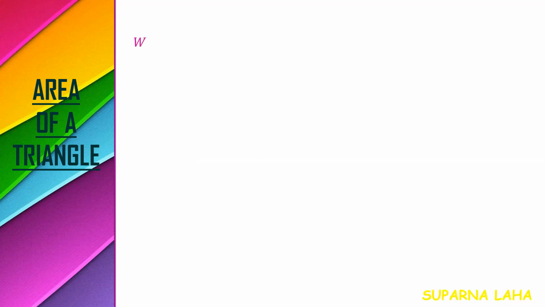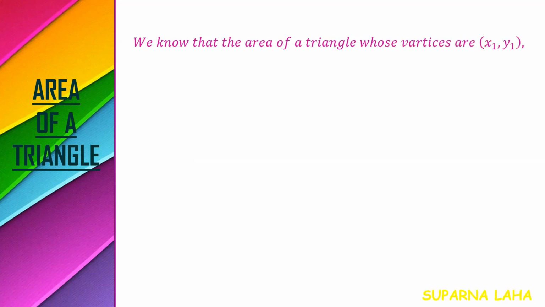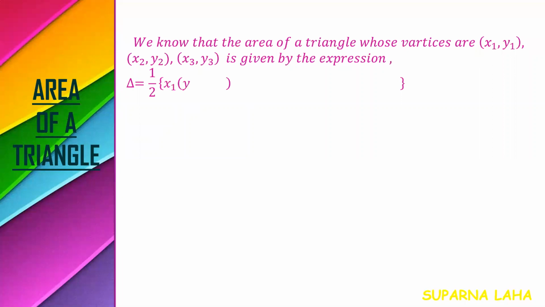So what is the formula? If the 3 vertices are x1, y1, x2, y2 and x3, y3, then its area is given by half of x1 into (y2 minus y3), plus x2 into (y3 minus y1), plus x3 into (y1 minus y2).